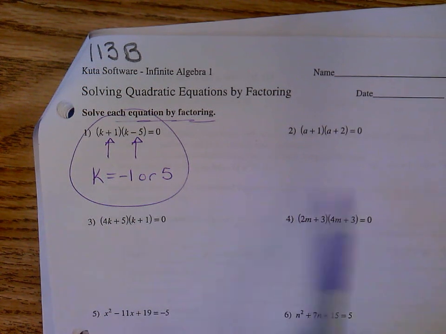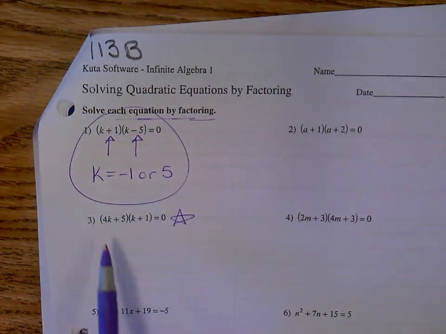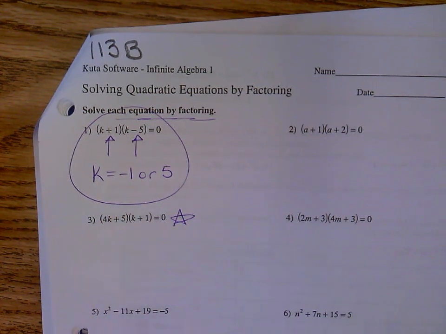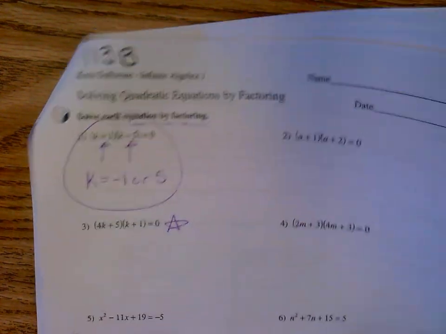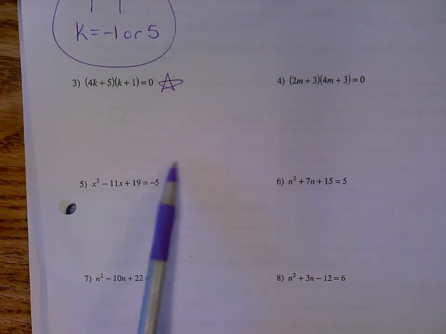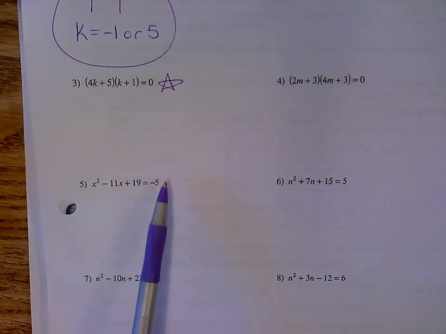If you look at number 3, there's a coefficient on K, so you might want to try example 3. If you go down on that page, do you see the problems on 5, 6, and 7? See how there's not a 0 on the right-hand side?